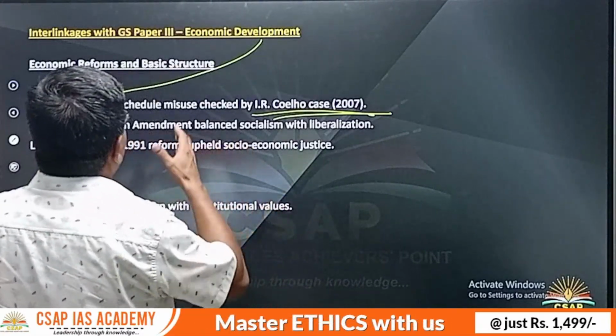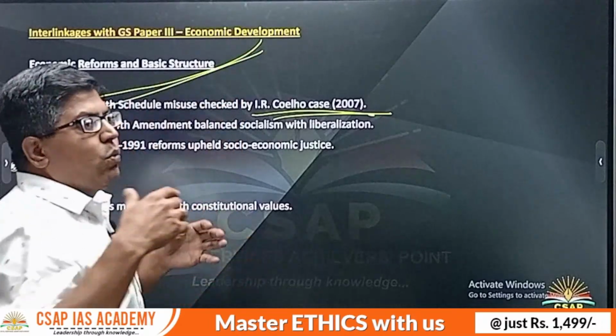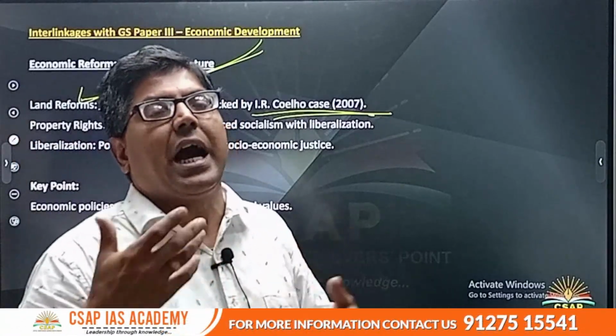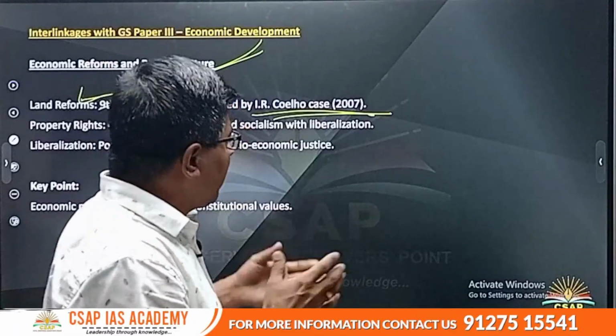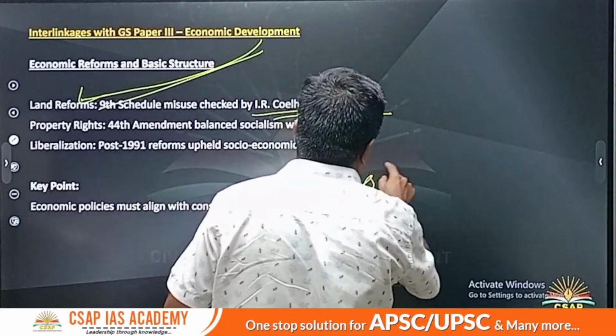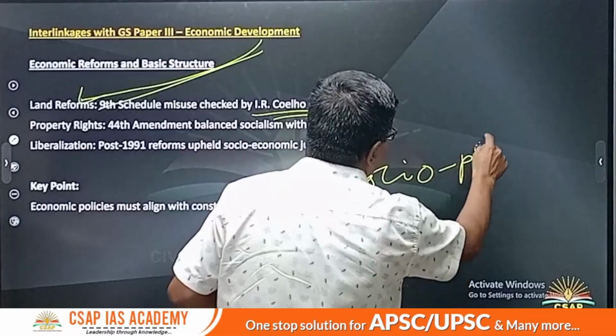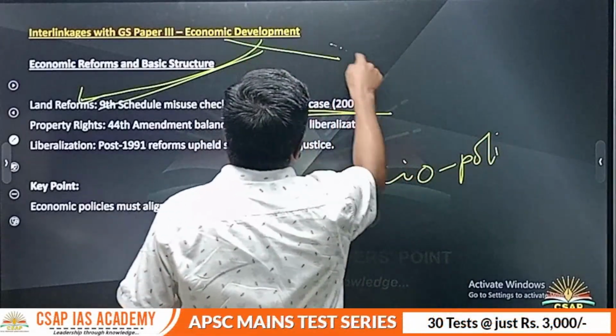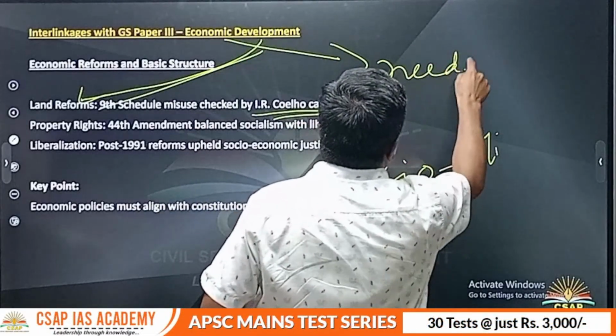But what is important is that, as I told you, why do we come up with constitutional amendments? Because it's not just socio-political, but even for economic needs, economic considerations.